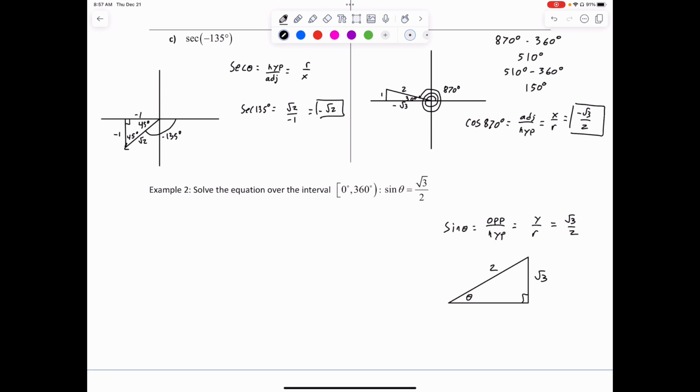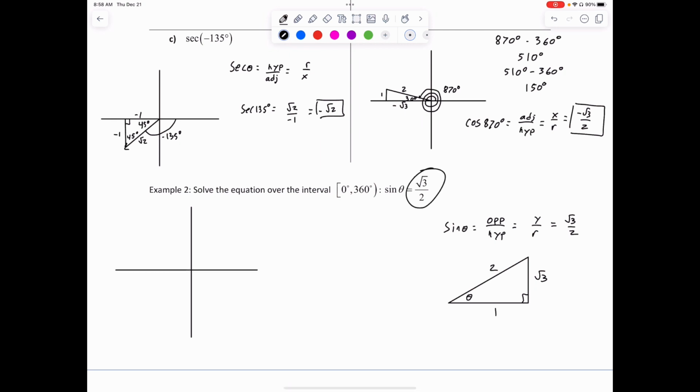Using the Pythagorean theorem, or just our knowledge of the 30, 60, 90 triangle, we can recognize that that's going to leave this side as a length of 1. So maybe I didn't draw this picture to scale, but that's okay. We didn't know what it was going to look like when we started. And so now I know that one possibility is certainly 60 degrees, because this is a 30, 60, 90 triangle. But we're looking at all values between 0 and 360. So let's sketch a quick picture now to see what's going on.